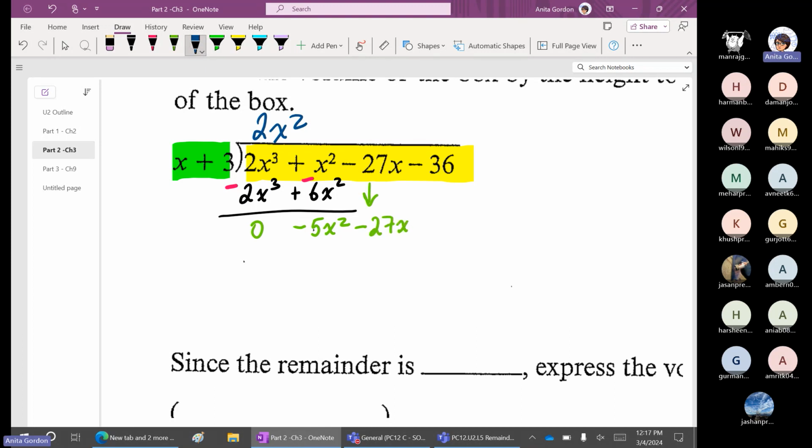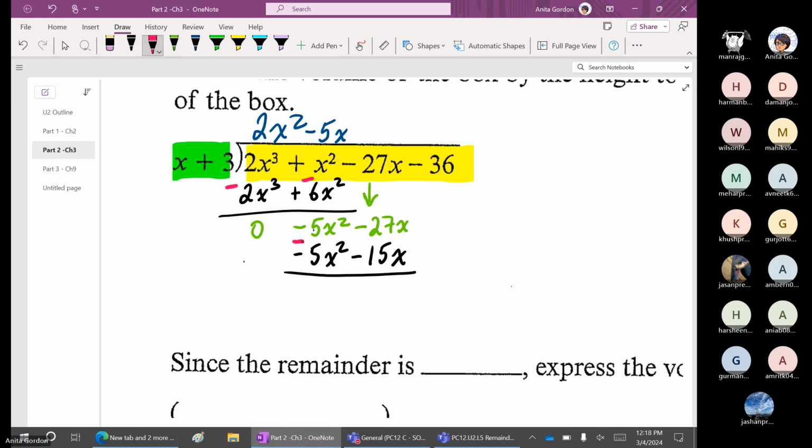Okay, again, looking at the leading term, what do I do to x to get negative 5x squared? That's negative 5x. Negative 5x times x is negative 5x squared. Negative 5x times 3 is negative 15x.